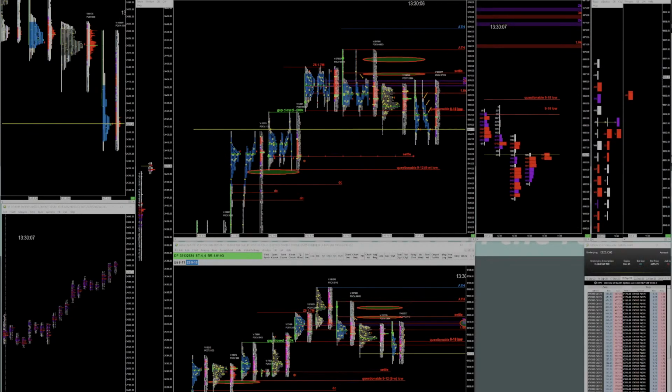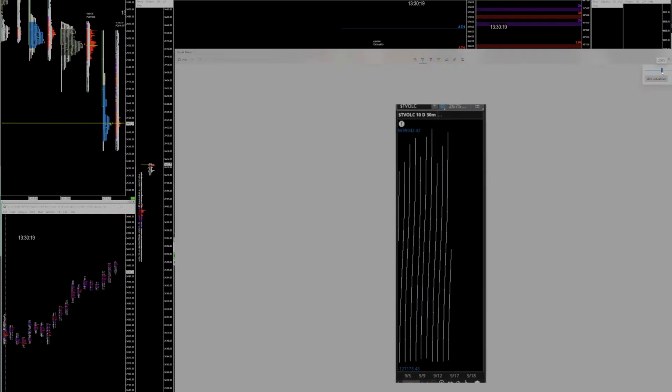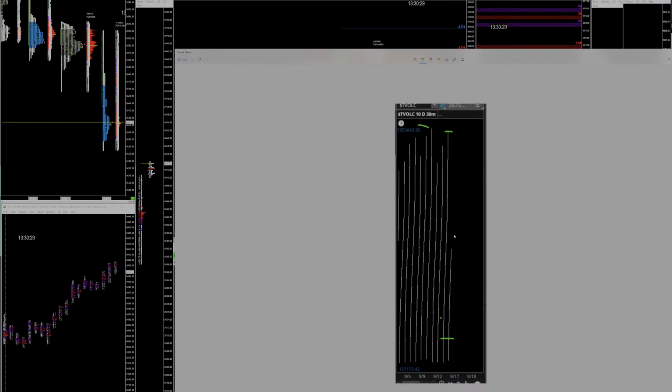Another thing that's happening today, check this out. This is really interesting here as well. Notice how the market opens. Volume, just like yesterday, which was in the higher side of the last 10 days. And then volume starts to decrease.